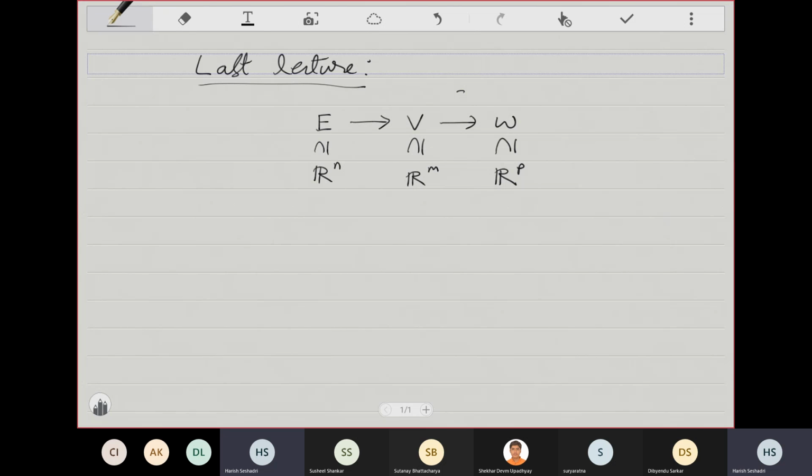And then I had 2 C1 maps, S and T. And I had omega, a K form in W.